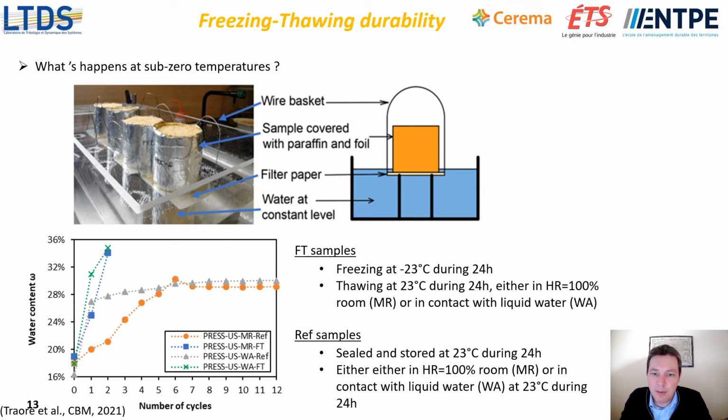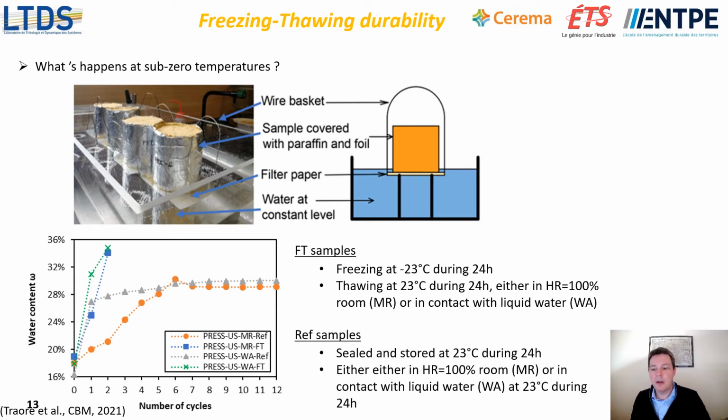To test that point, we have made a first analysis of samples which were frozen for 1 day at minus 23 degrees, and then thawed either in a moist room at 100% relative humidity or in contact with liquid water. These samples were compared to reference samples, which were tested the same way, but which were sealed and stored at 23 degrees for 1 day instead of being frozen.